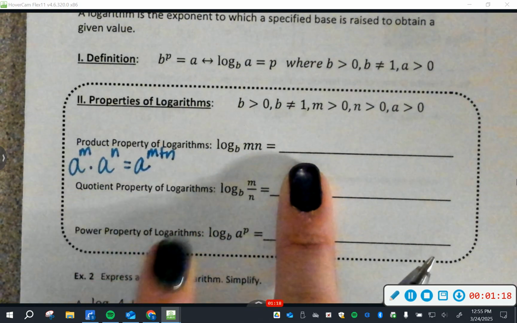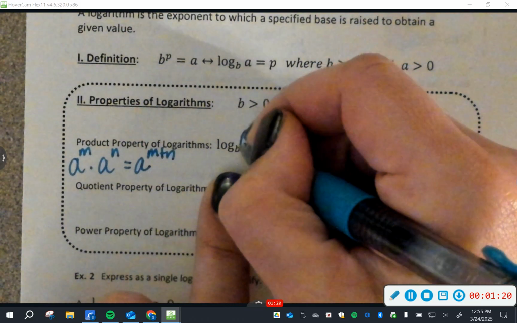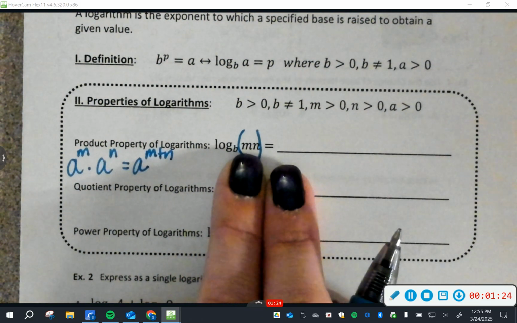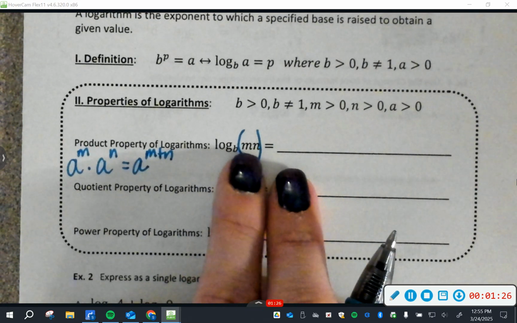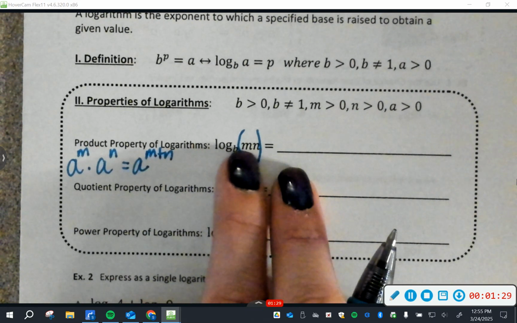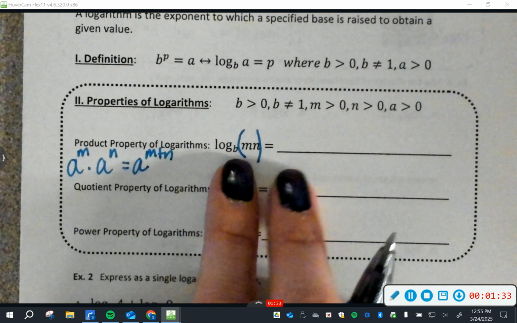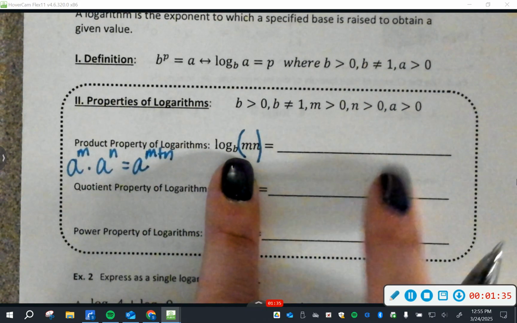Well, coming over here to a log expression, if I have the log of a product, so this is the argument, so if I'm multiplying arguments, I'm going to add exponents. And logs are exponents.